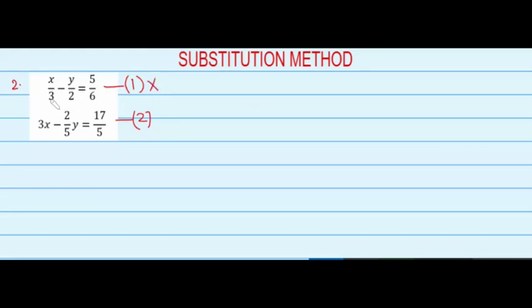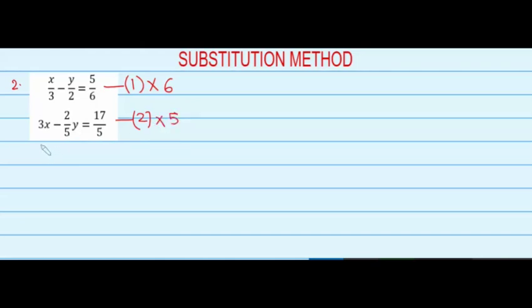The denominators are 3, 2 and 6, and their LCM will obviously be 6. So equation 1 will be multiplied by 6. Got it? Similarly, I can do this with the second. The denominators are 5 and 5, so the LCM will be 5. So this equation will multiply by 5.